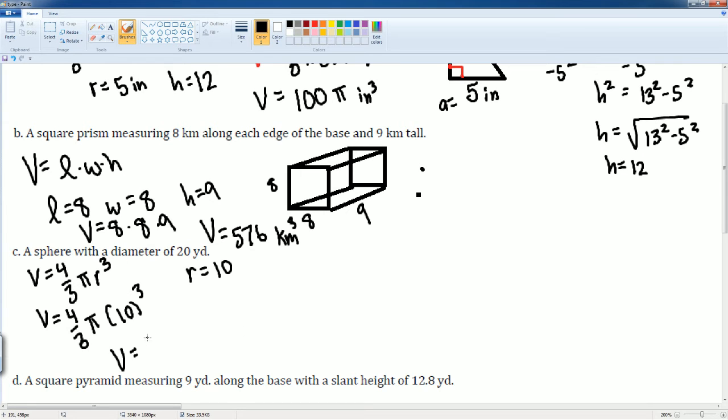This is exactly 4,000 over 3 pi, and you can also say V is approximately 4,188.79. And what are the units? Yards cubed.